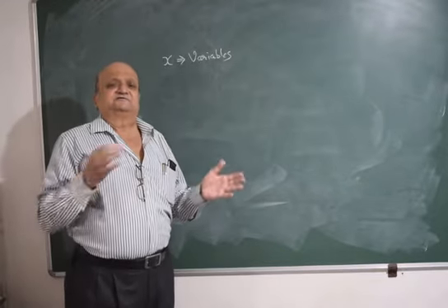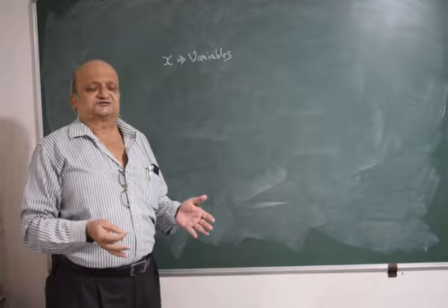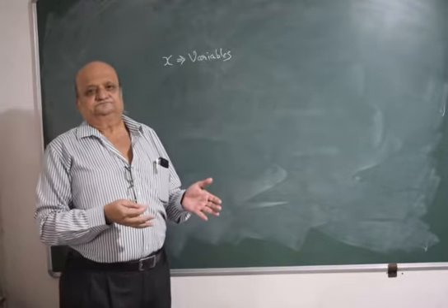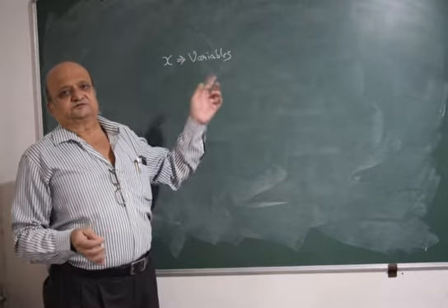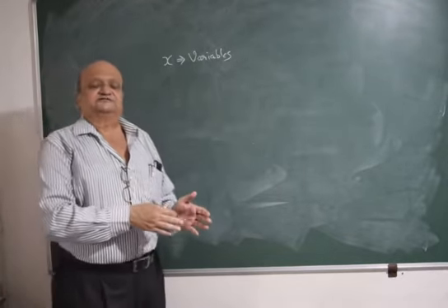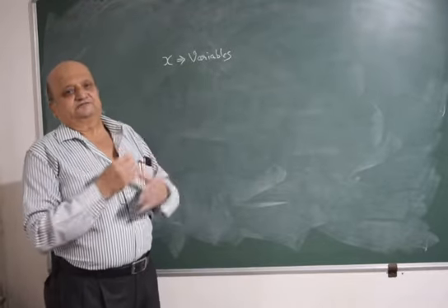It can be a negative number, it can be zero, it can be positive number, it can be fraction, it can be irrational number. It can be anything. And therefore it is called a variable. The value of which can vary. That is why it is called a variable.